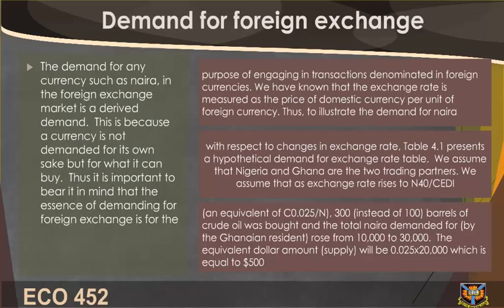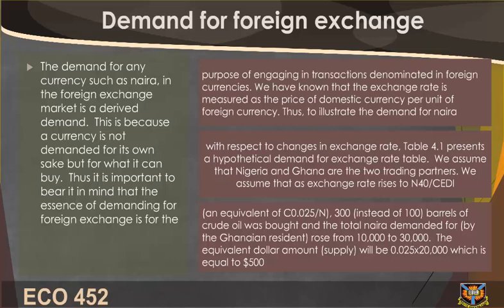Demand for foreign exchange. The demand for any currency such as Naira in the foreign exchange market is a derived demand. This is because a currency is not demanded for its own sake, but for what it can buy. Thus, it is important to bear in mind that the essence of demanding foreign exchange is for the purpose of engaging in transactions denominated in foreign currencies.